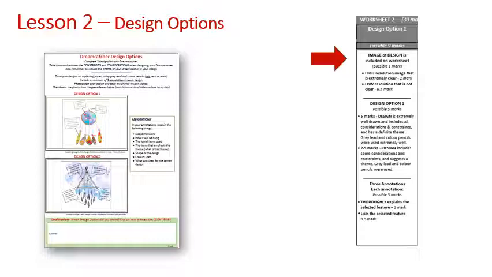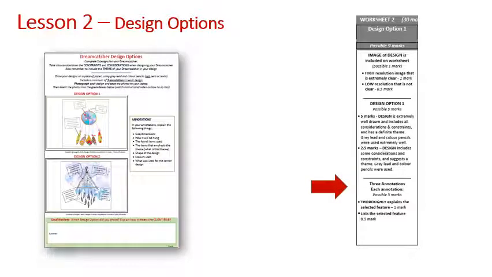In other words, when I look at your picture, it doesn't break up and pixelate. Now the actual design option, 5 marks if your design is extremely well drawn and includes all considerations and constraints and has a definite theme. Now grey lead and colour pencils need to have been used extremely well, and that will give you the 5 marks.